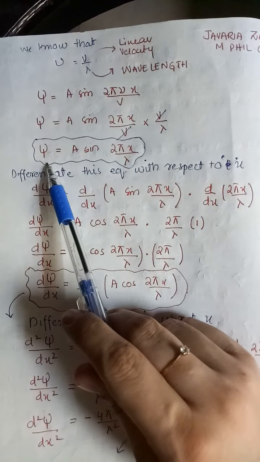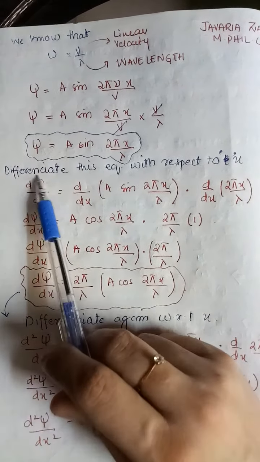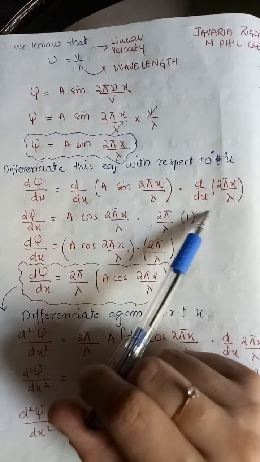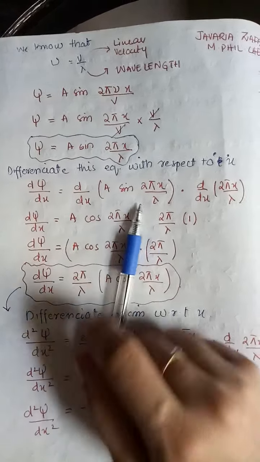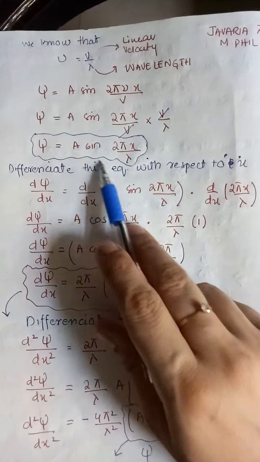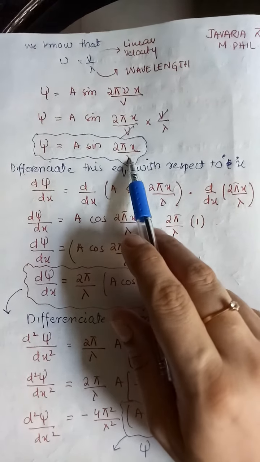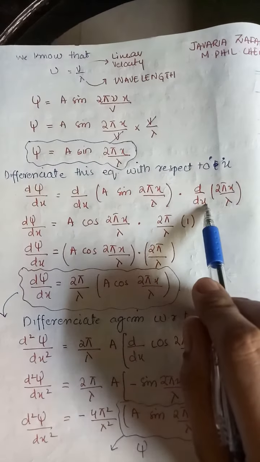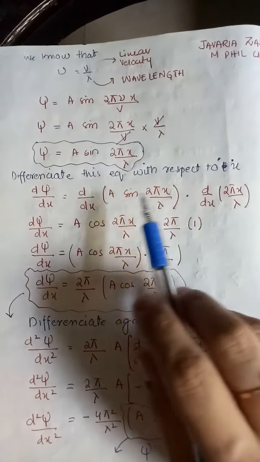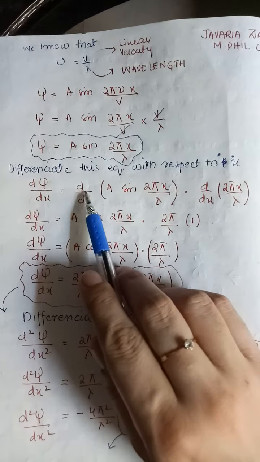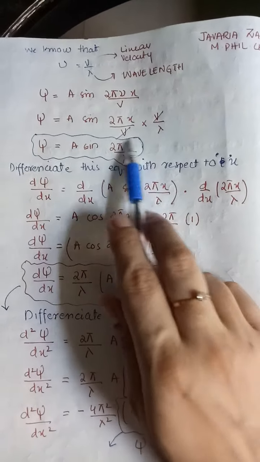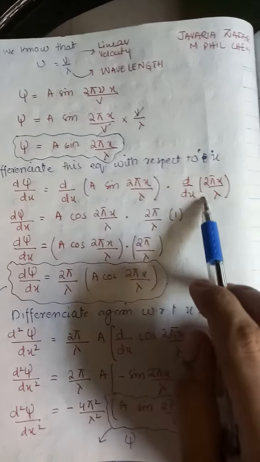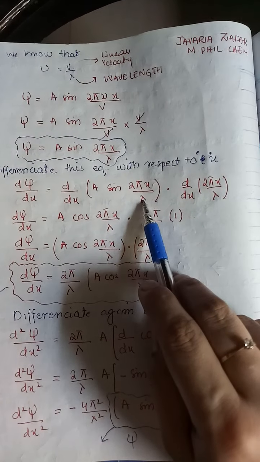The rule of differentiation is that when we differentiate such an equation in which theta is present, the theta is also differentiated separately. You can see that this d over dx is the differential of this, and this d over dx is the differential of this theta which we have taken.